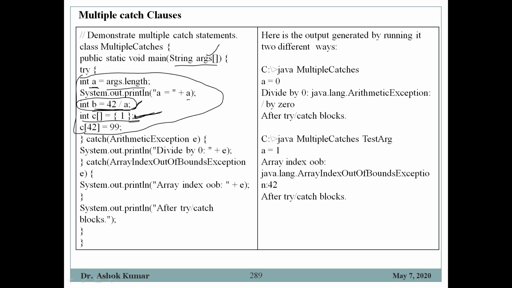So in the next line we are using c of 42, but array c's size is just 1. So c of 42 cannot be used. This is an invalid index number. And when the array index is not valid, another class object is created, and that class name is ArrayIndexOutOfBoundsException.